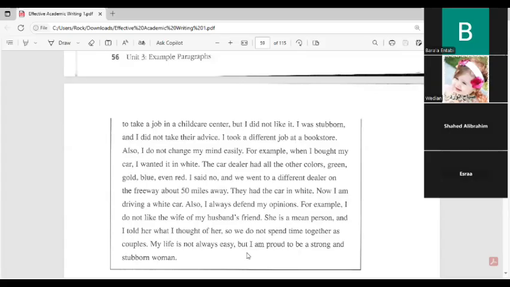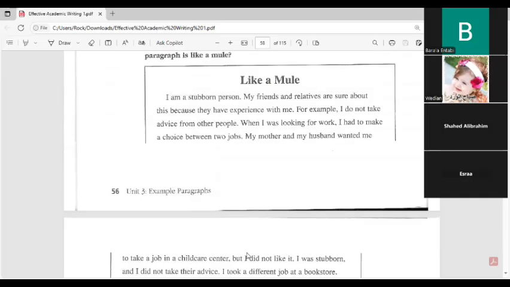So we do not spend time together as couples. My life is not always easy, but I am proud to be a strong and stubborn woman.